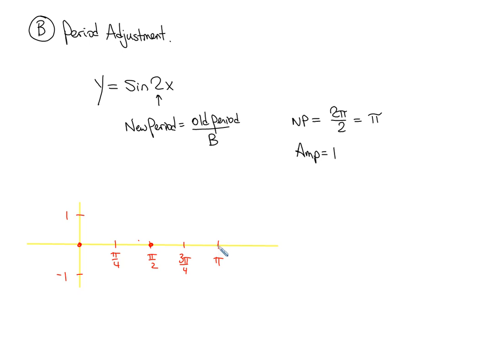Beginning, middle, end, maximum, minimum. This way I can draw a correct one period of my sine curve, but I do not need to worry about squishing it down or stretching it out. This would be the graph of y equals sine of 2x.